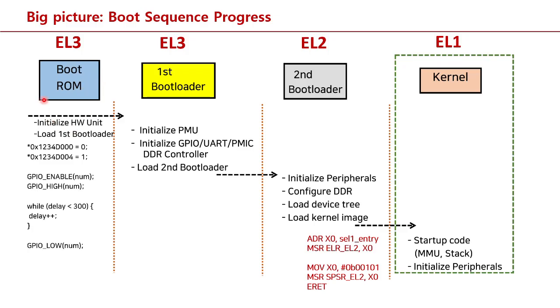Control is passed from boot ROM to the first programmable bootloader. Then from the first programmable bootloader, control is transferred to the second programmable bootloader, and from the second programmable bootloader, control is transferred to Linux kernel. Please remember that the detailed operation of each software component will be explored in a later lecture.